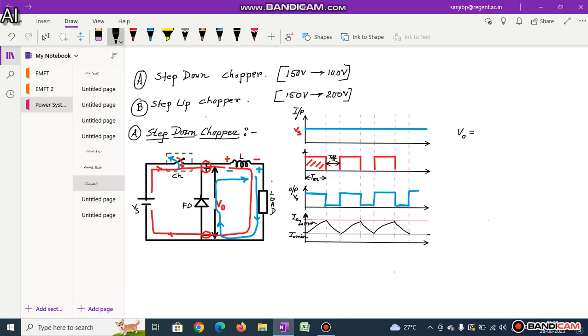So you can write V0 equals Vs into T on divided by T on plus T off. Now here the summation of T on plus T off is called the total time.